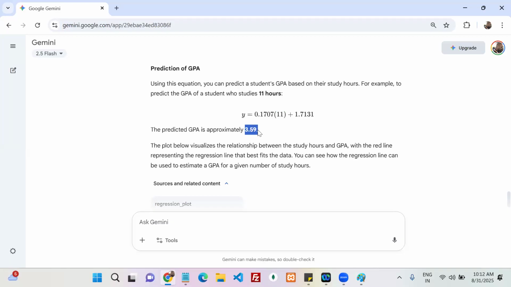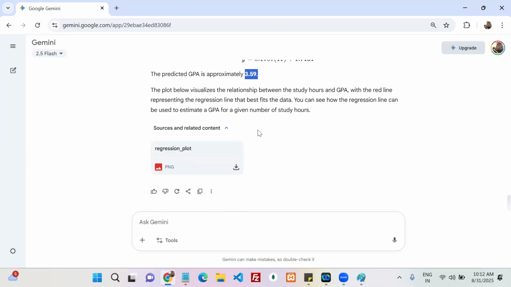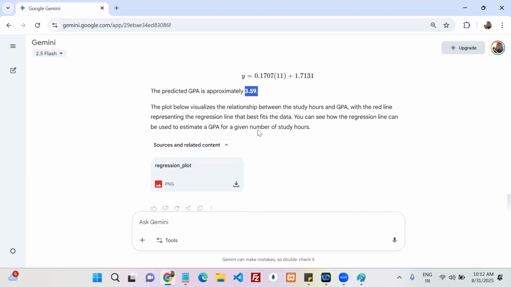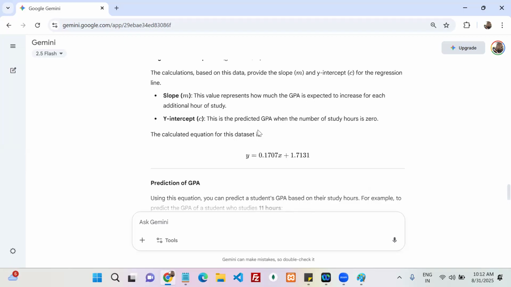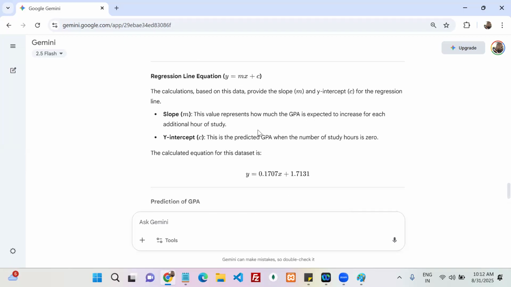Agreed? Programmatically, how can we? Any questions? This is regression. Most of the time we are going to see regression also in our ML.